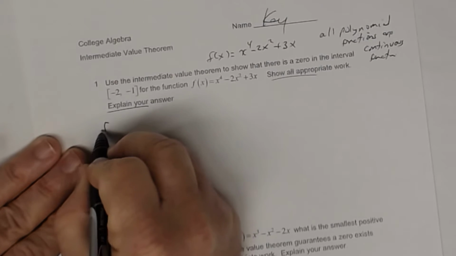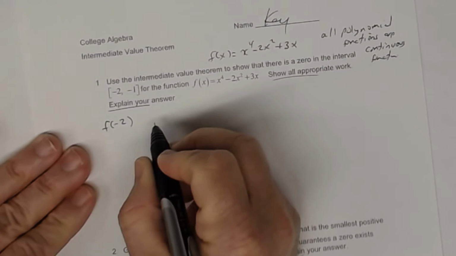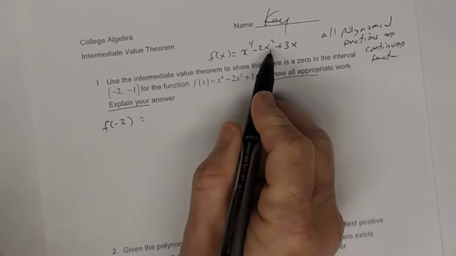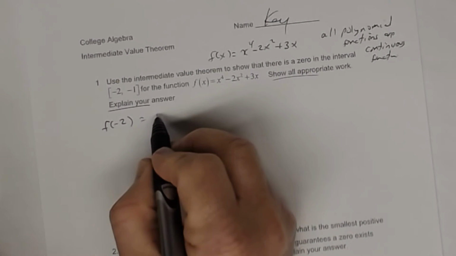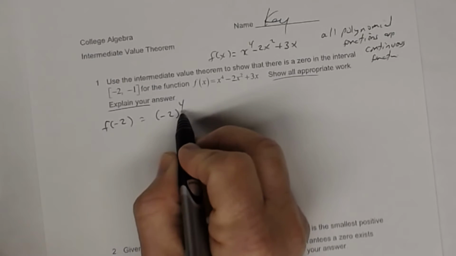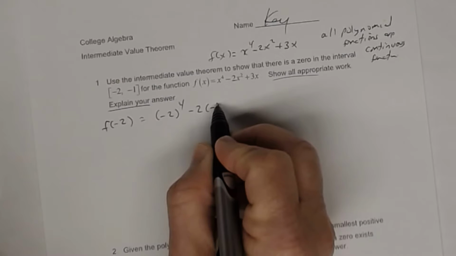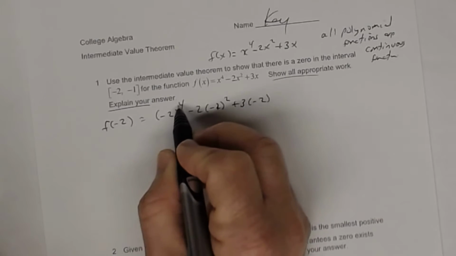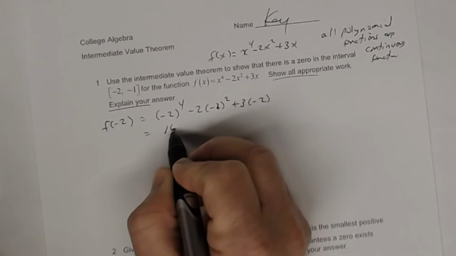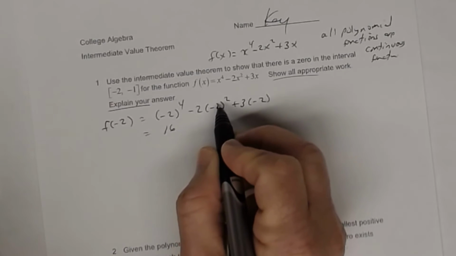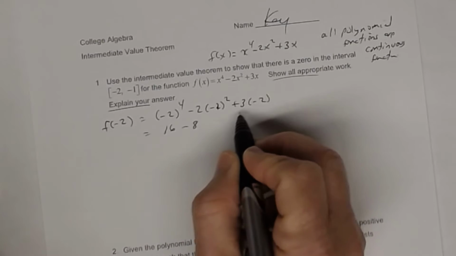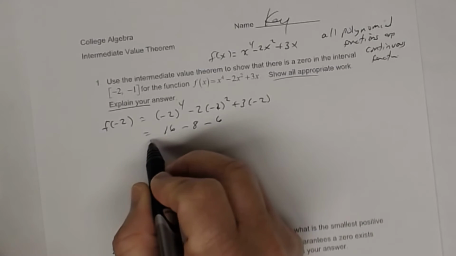So you have to find f of negative 2 first. Wherever we see the variable x, I substitute negative 2. So I get negative 2 to the 4th minus 2 times negative 2 squared plus 3 times negative 2. Negative 2 to the 4th is a positive 16. Negative 2 squared is 4, 2 times 4 is 8, and 3 times negative 2 is negative 6.